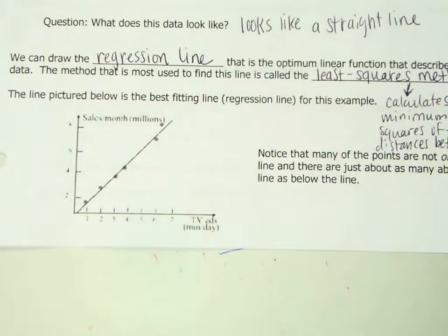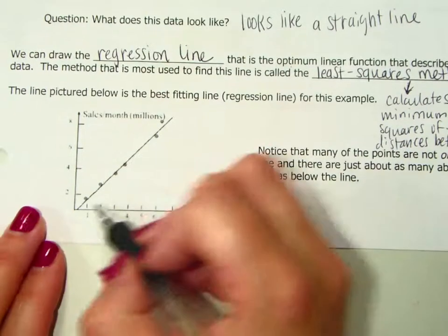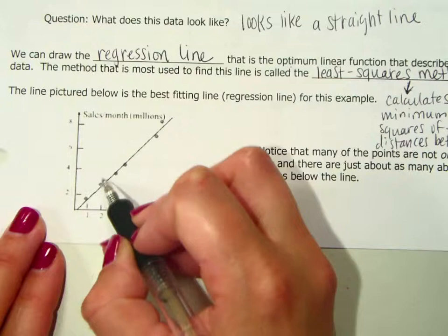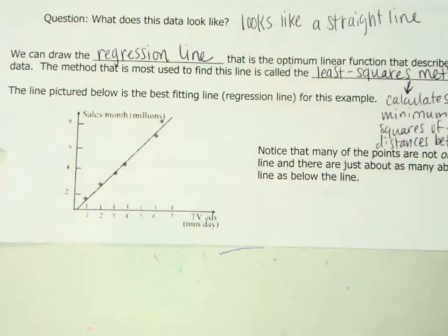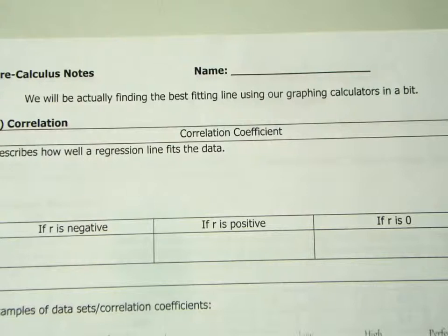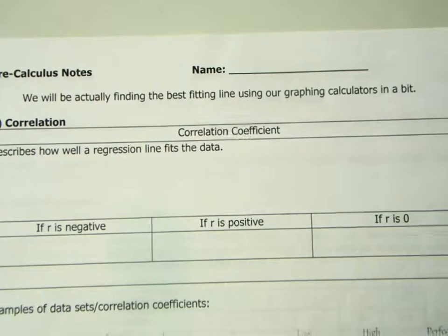Basically, your best fit line will have an even number of points above your line and below your line, okay? It's not going to go through all of those points. It might go through a few, but it's just minimizing the space between the points and the line, okay?